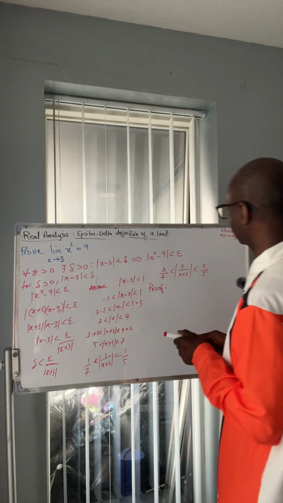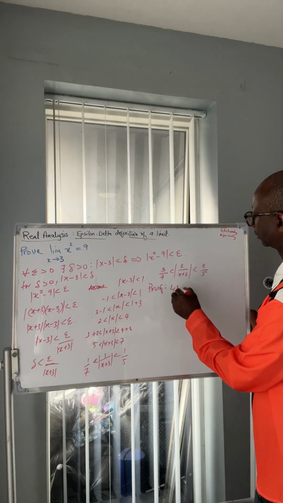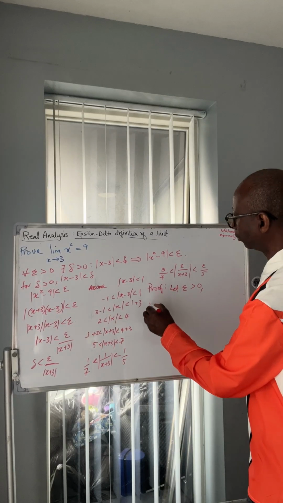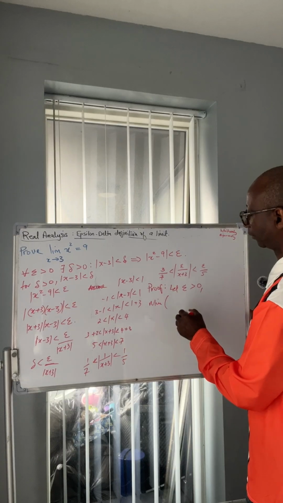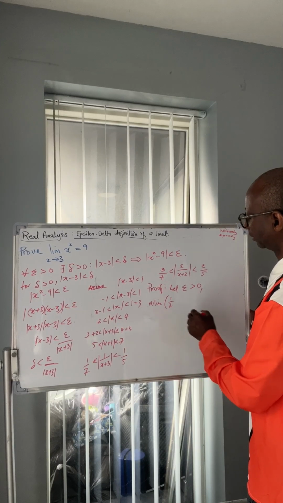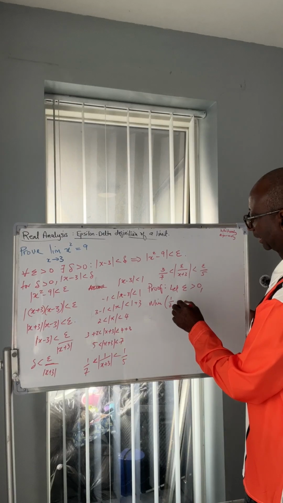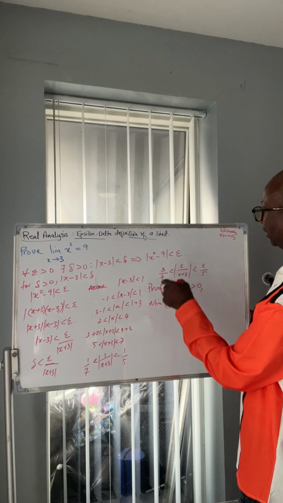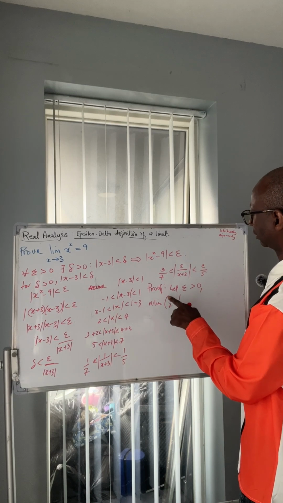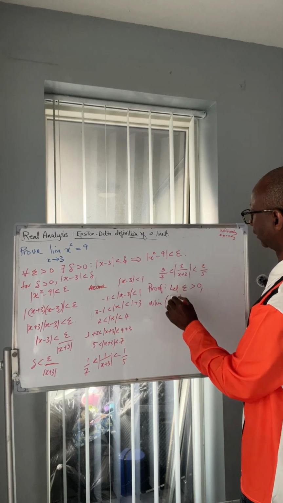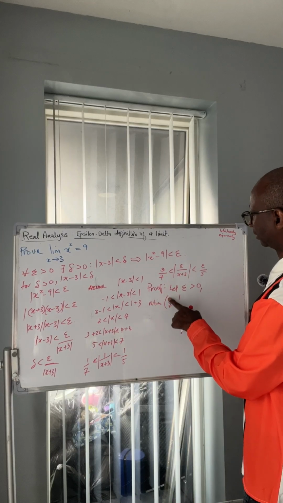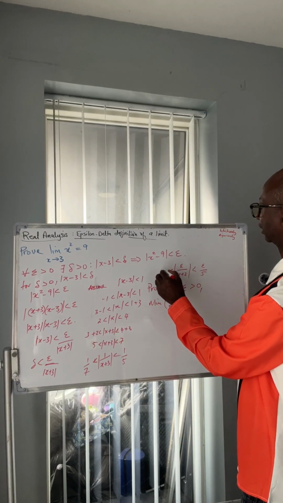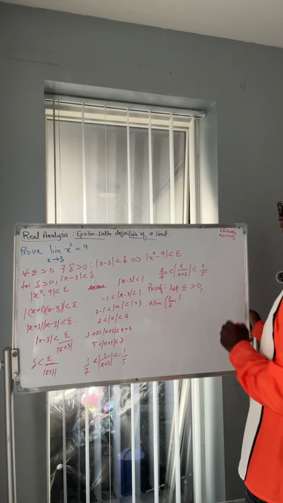So we let epsilon greater than 0, and then we will find the minimum of epsilon all over 7 and 1. Why am I writing 1 over 7? This is epsilon, sorry. Epsilon all over 7 and 1.